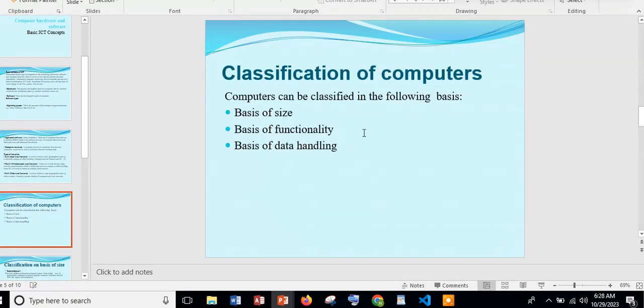So we have classification of computers. One, it can be classified on the basis of size. The second one is on the basis of functionality, and the third classification of computers can be done according to the basis of data handling.